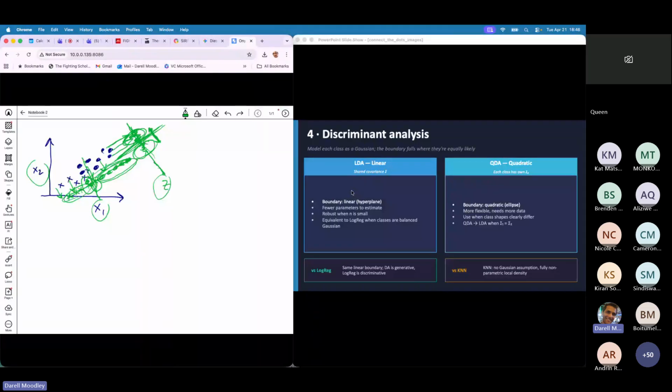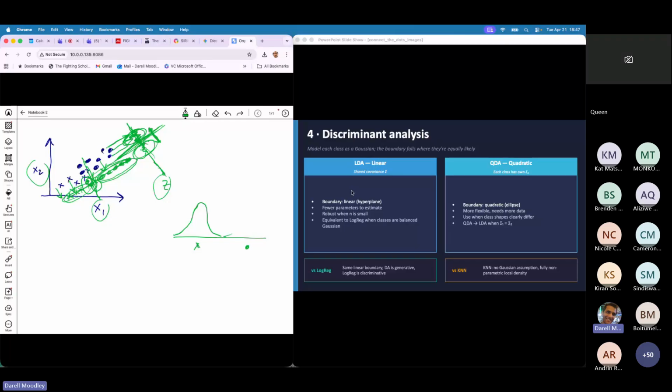LDA assumes that your distribution of data follows a normal distribution. Some of you may have covered the normal distribution when you did statistics. Some of you may not have, but essentially what it's saying is that if you had your two classes, your X class and your circle class, and you drew a histogram for each of these classes, they would be bell-shaped, perfect bell-shaped.